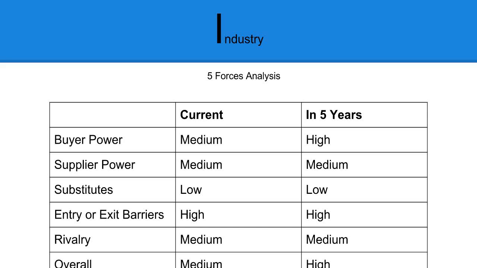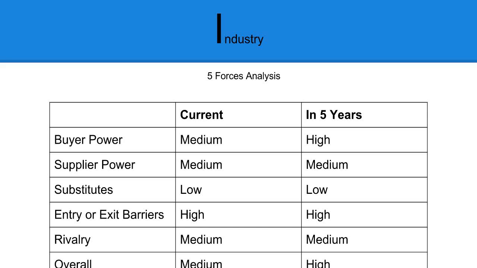Moving on to the substitutes, there aren't really any real substitutes in this industry because it has a specialized service. They offer services and products that are very specialized, so it's hard for other firms to come in. And this ties into the entry and exit barriers. It's very high. This is due to the medium and large scale companies because they team up with each other and form strategic alliances that allow them to combine their resources and spread the risk amongst themselves.